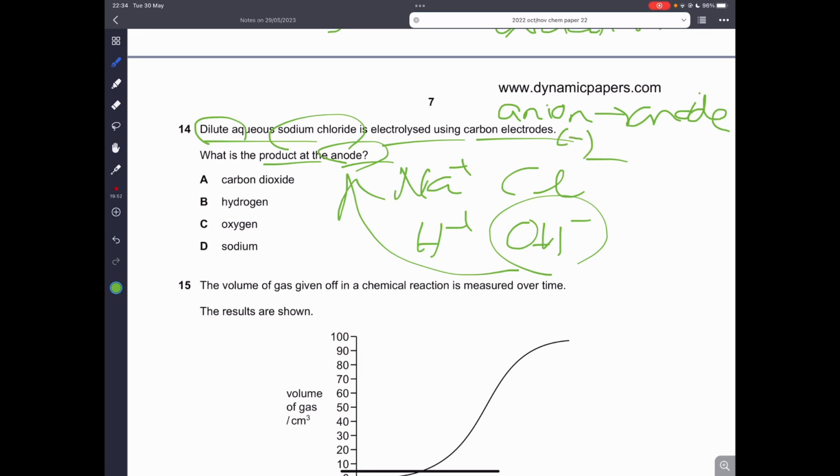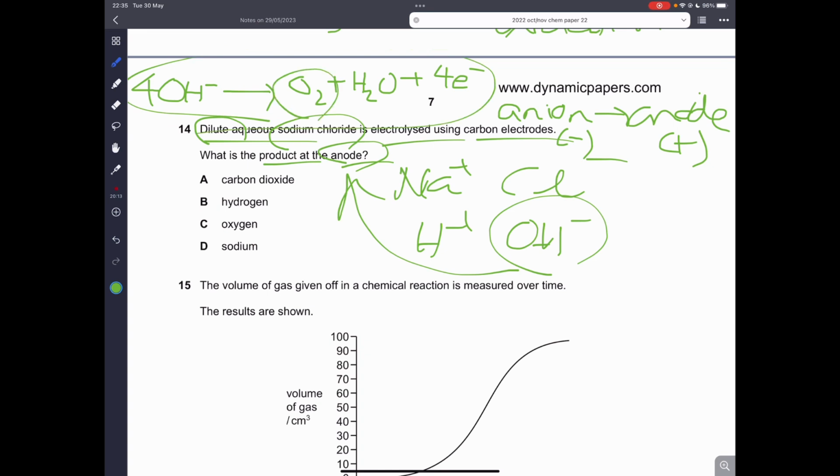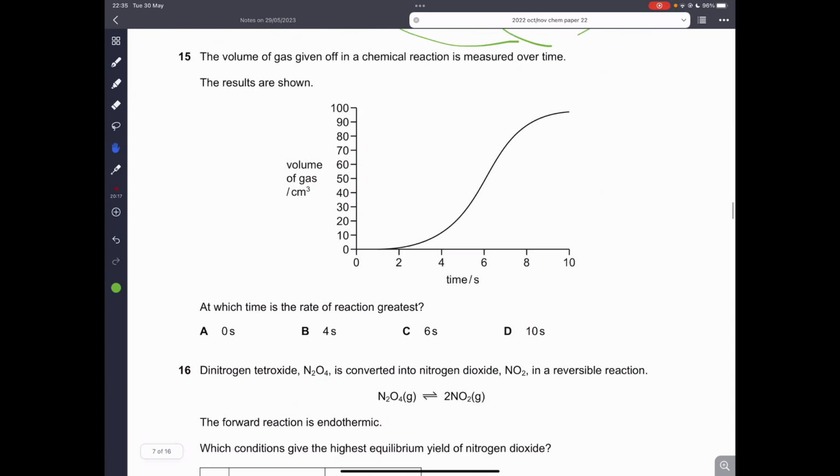Negative ions go to the positive terminal of the battery. So basically there are going to be 4 hydroxide ions. They're going to lose electrons and turn into oxygen, water, and 4 electrons. Oxygen is going to be produced at the anode, and therefore C is the correct answer.